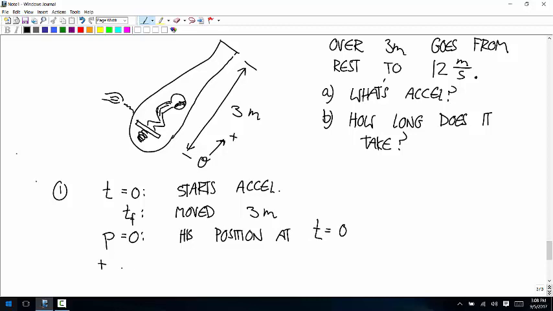And the positive direction, like last time, I'm going to choose the direction of motion. So positive direction is this way. And so up here, when his feet leave the platform, that's 3 meters in the positive direction from 0. So what's the position there? Positive 3.